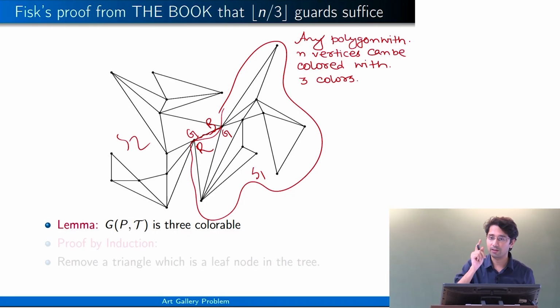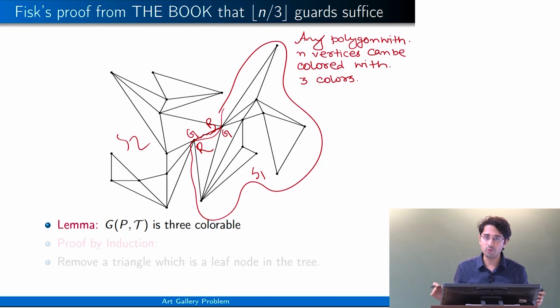Now we will see where the idea of the dual graph comes from. What do we know? The dual of a triangulation is a tree, and any tree necessarily has a leaf node.